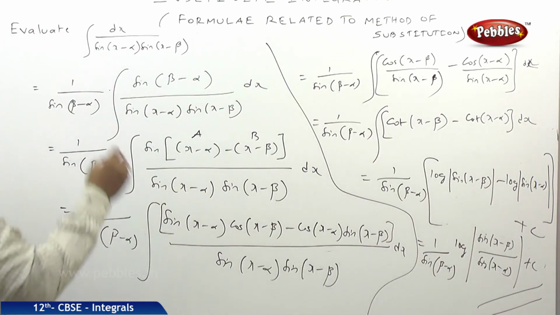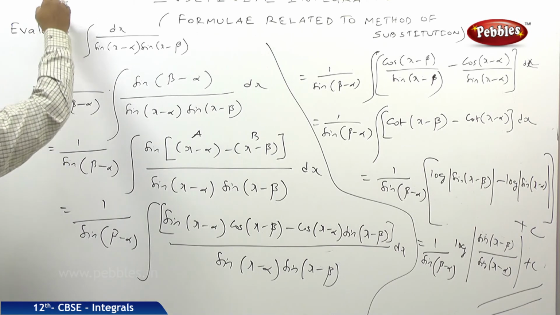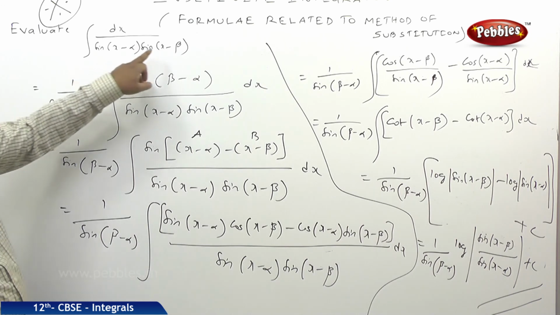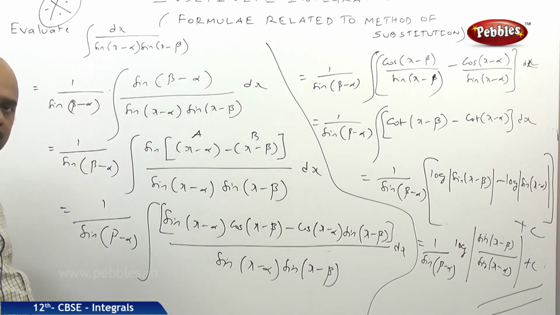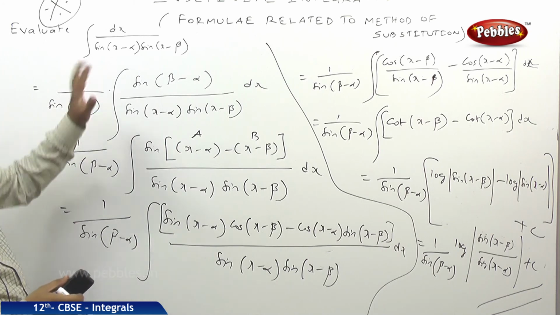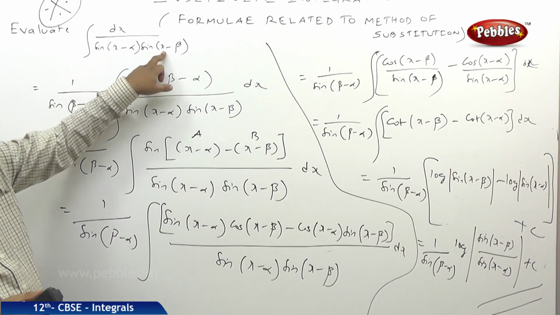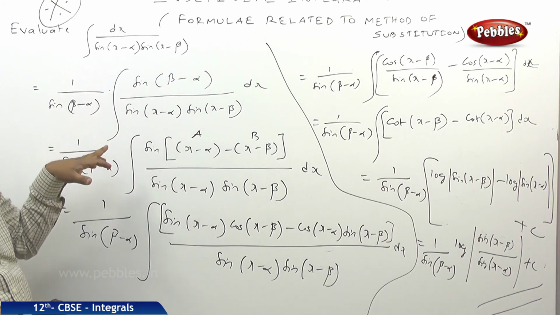It's a very important question. I am repeating once again: integral of dx by sine of (x minus alpha) into sine of (x minus beta). What technique did we observe? We need to take the difference between the angles and apply sine.